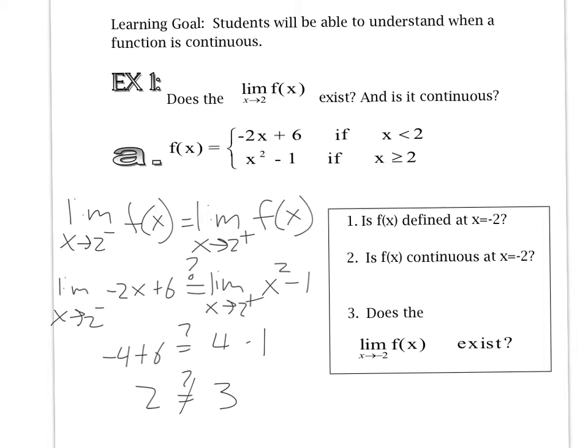So is this equal? No, it's not. So does the limit exist? No. And therefore, it is not continuous. Yeah, my handwriting sucks. All right, let's go to the next problem.